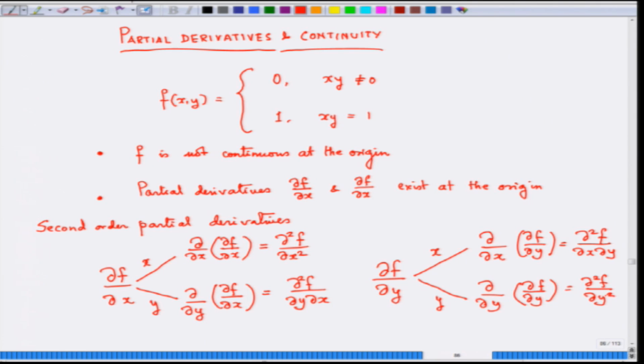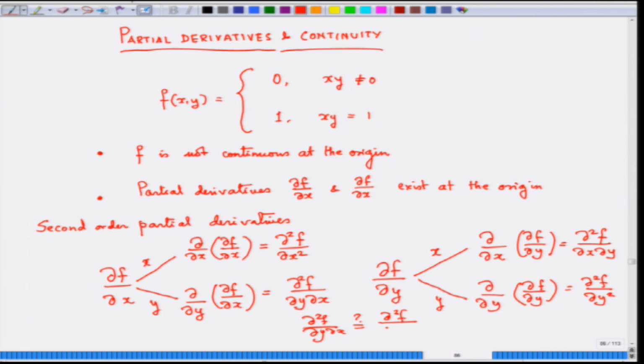2. Now, if you observe, these two are almost similar looking things. You may feel that this should be the same, but in general it need not be the same. So, the question is, when are these two the same?